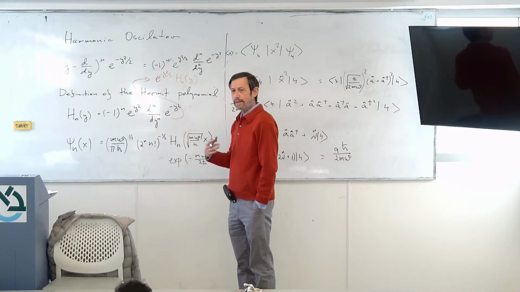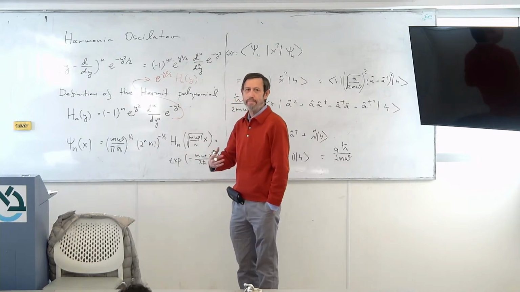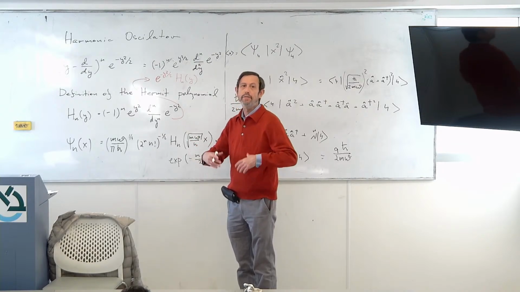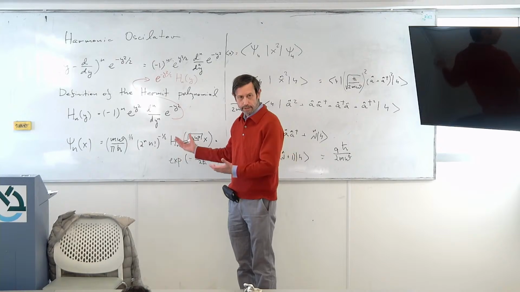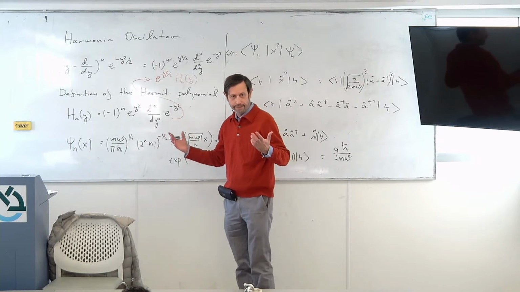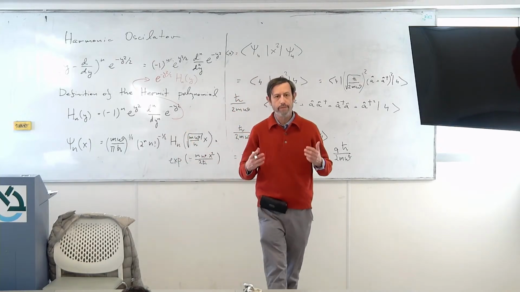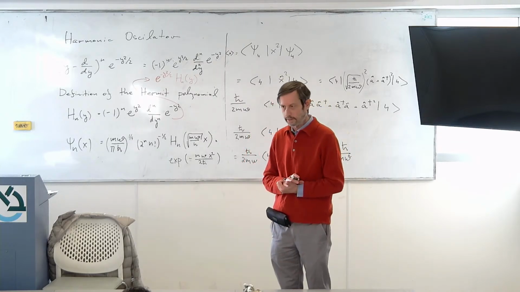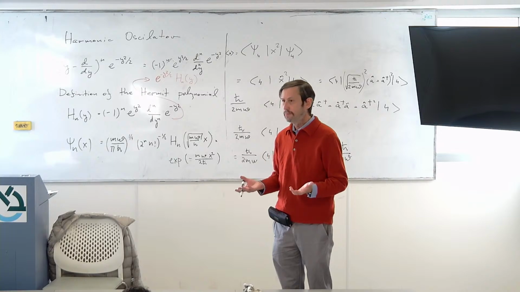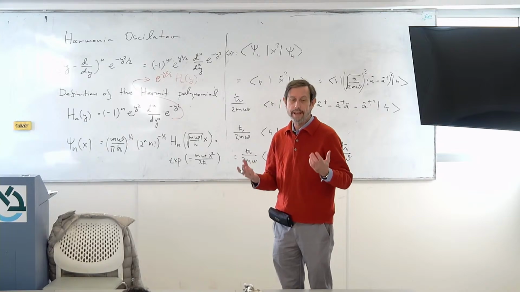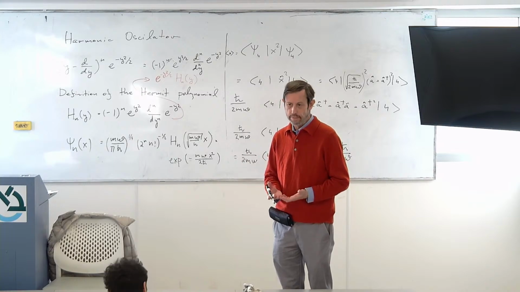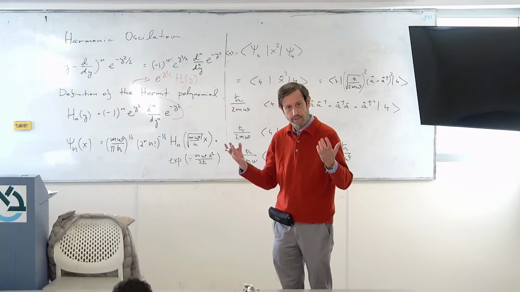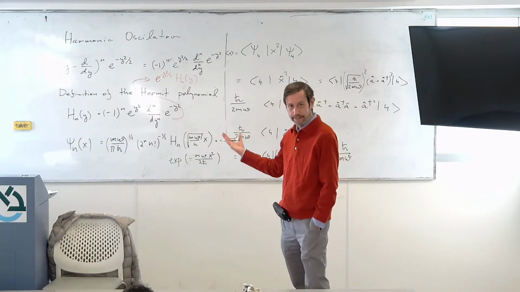Now, you can come and ask what happens if I have a different wave function that is not one of the eigenvectors and I have to calculate something. I'll go into details in the next lecture, but you know that any vector in Hilbert space you can express as a linear combination of the eigenvectors.